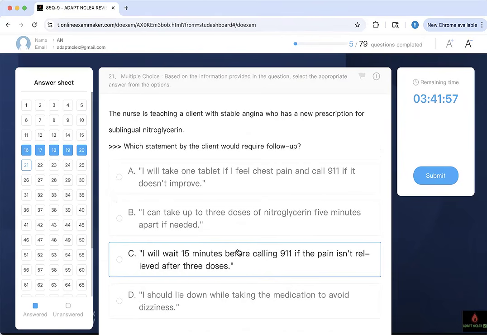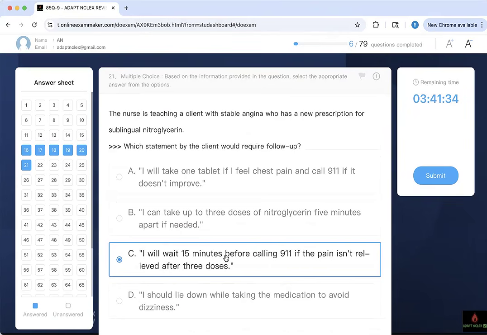This is a classic NCLEX question. They like asking about nitro, and this information I've given you is what they ask you. You pick an answer. Which one requires follow-up? C requires follow-up: I will wait 15 minutes. No, when your pain does not get better, you need to call 911, then take another pill. That's the wrong answer. Waiting 15 minutes is wrong.